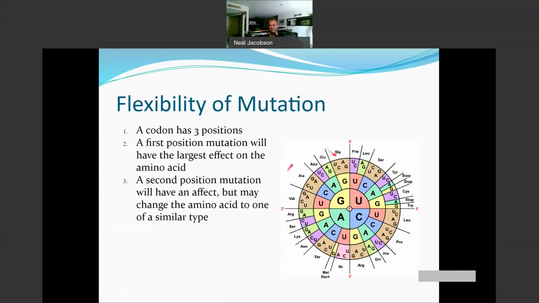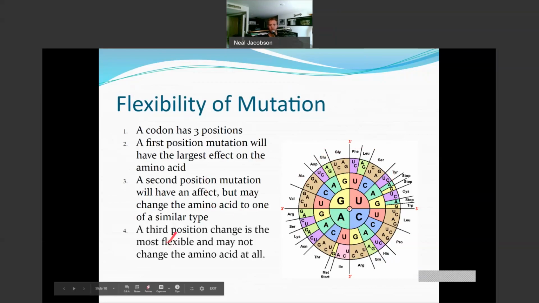So before the mutation, alanine, after the mutation, aspartic acid and glutamine. So second position will still have an overall effect, right? Sometimes though, that second position will be a silent mutation, but very rarely.